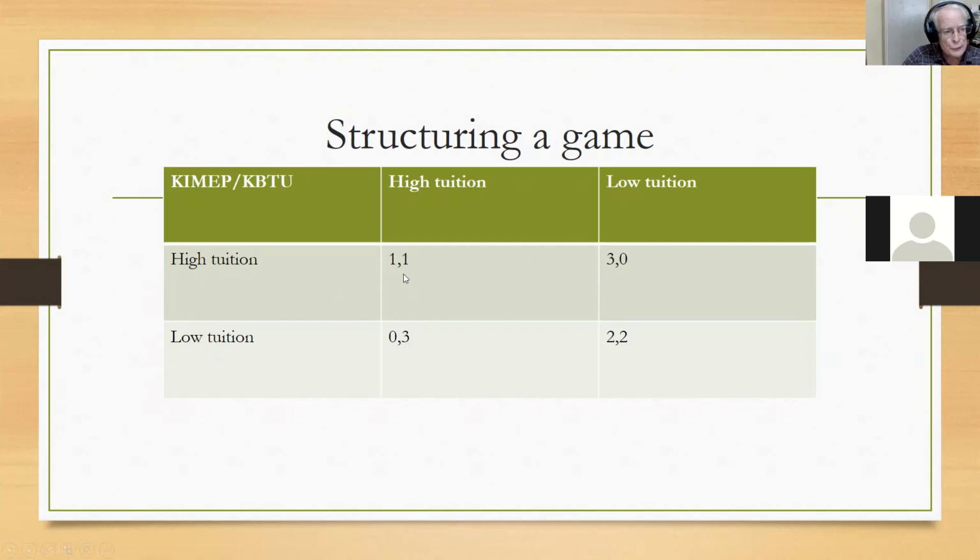All the numbers in the cells of the matrix are the payoffs to each player. Always the first payoff is to the first player, and the second payoff to the second player. So, for example, suppose CNET chooses high tuition and KTTU chooses low tuition. Then CNET will receive 3 points and KTTU will receive 0 points.